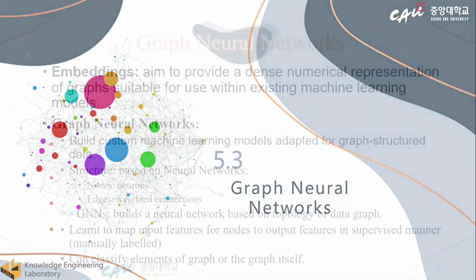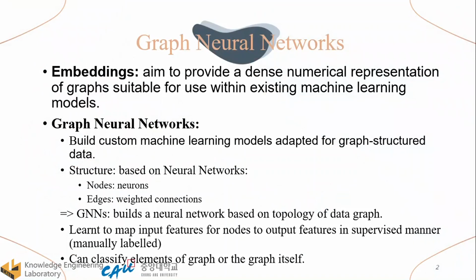So, first, what is a graph neural network? Unlike embedding, which aims to provide a dense numerical representation of graphs suitable for use within existing machine learning models, a graph neural network aims to build a custom machine learning model adapted for graph structured data.